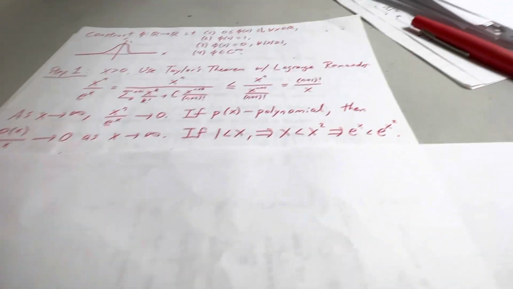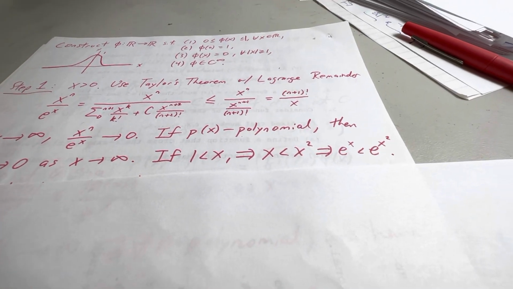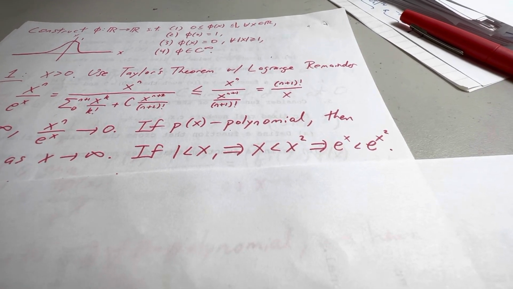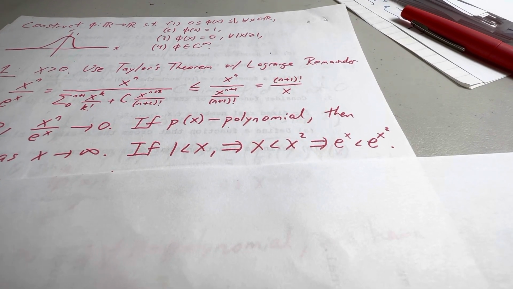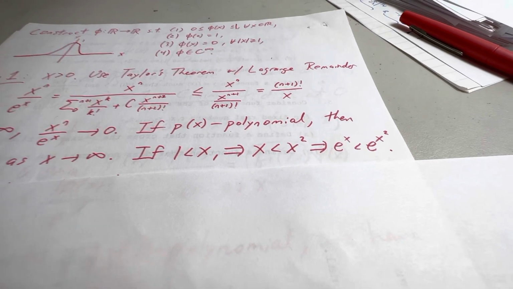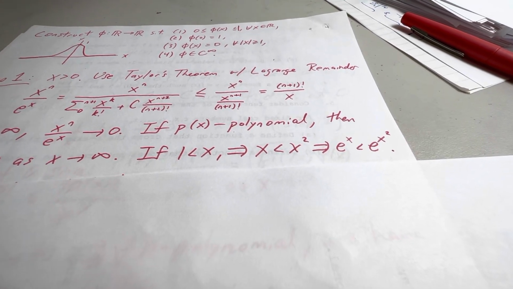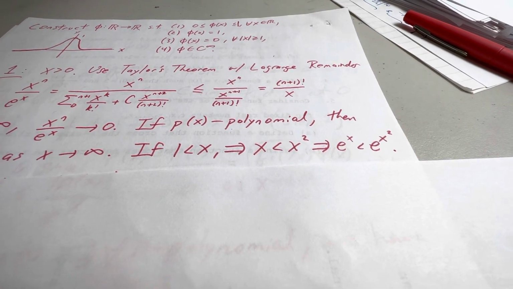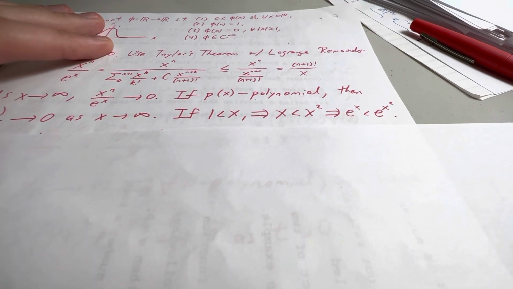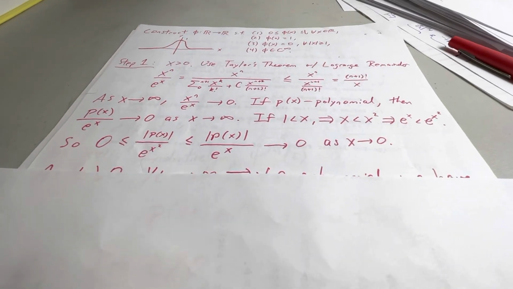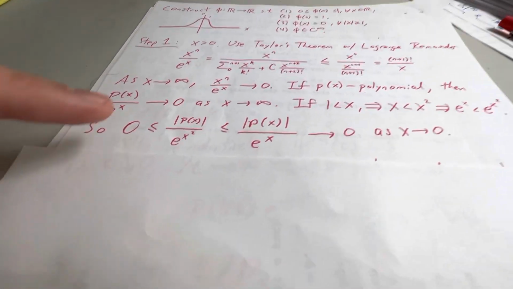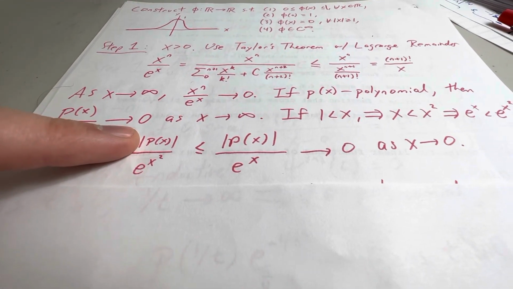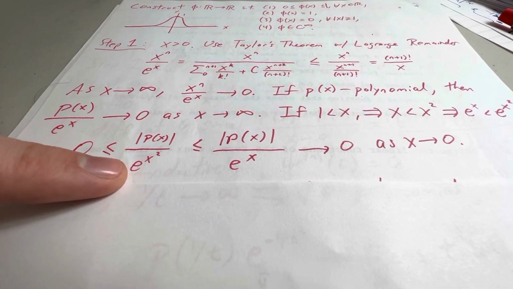Okay, now we make a very elementary observation. If x is bigger than 1, we know that x squared is bigger than x. And because of the increasing property of the exponential function, we know that e to the x squared is bigger than e to the x. So, we know that 0 is less than or equal to the absolute value of our polynomial divided by e to the x squared.